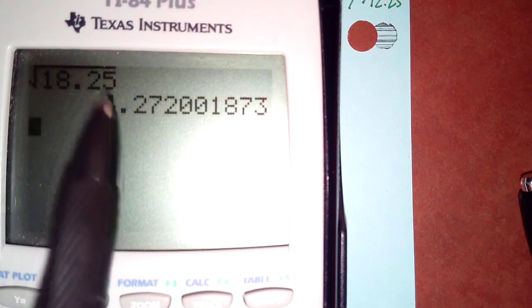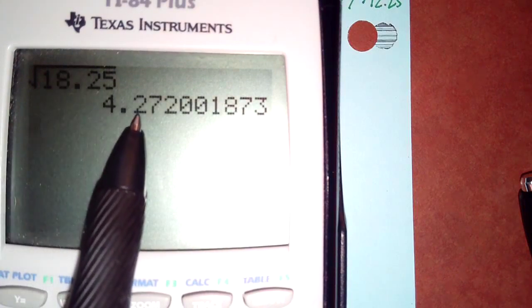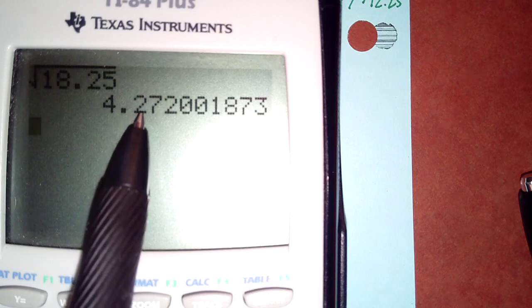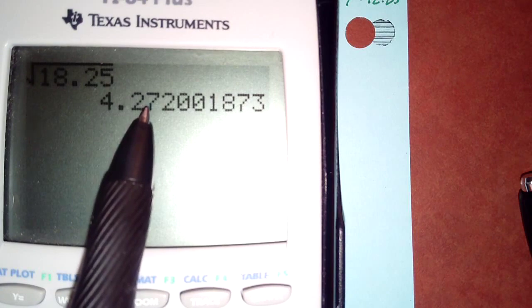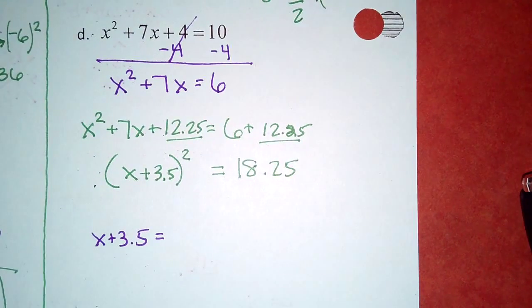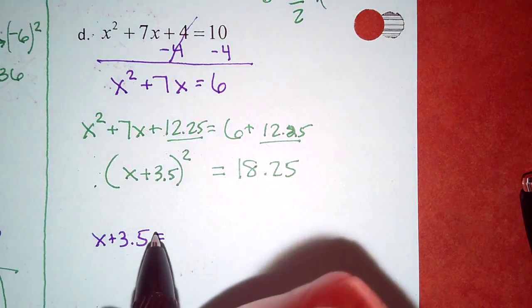And I get 4.27. If I'm rounding to the tenths place right here, the 7 behind it says round up. 5 or higher, round up. 4 or lower, stay the same. So this becomes 4.3.